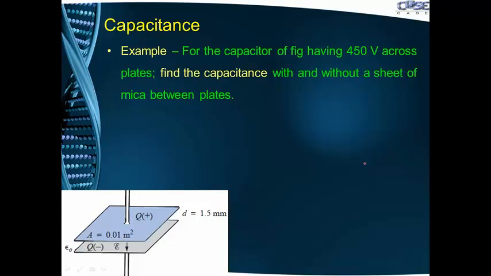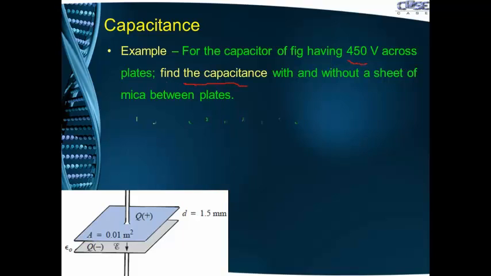Next is the example in which the capacitor of the figure having 450 volts across plates, find the capacitance with and without a sheet of mica between plates. So the same capacitor, you are asked to find the capacitance.